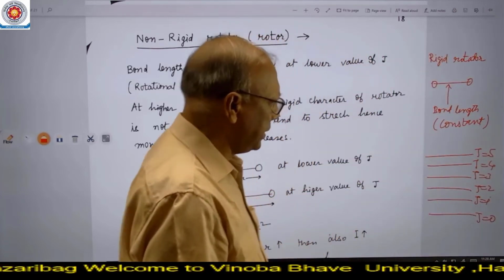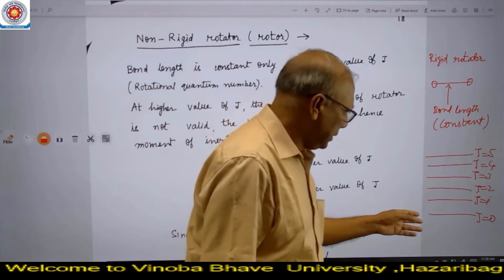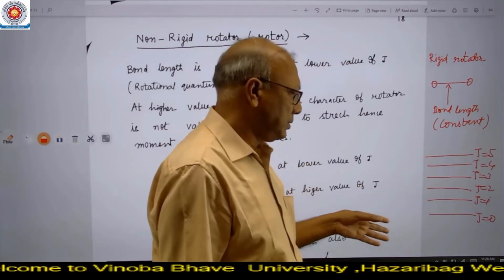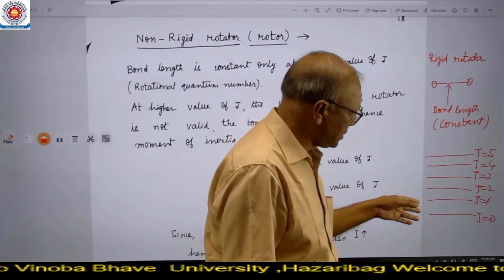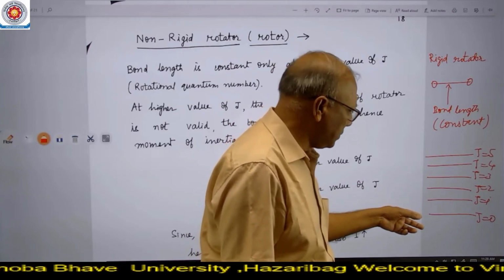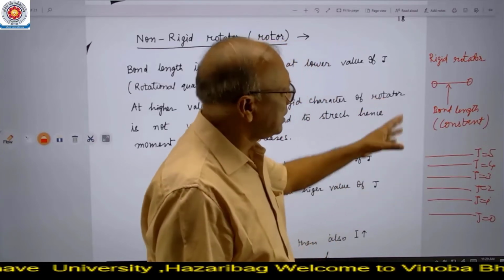So when the energy is in the lowest state, that is J is equal to 0 or J is equal to 1, then only this condition is fulfilled.